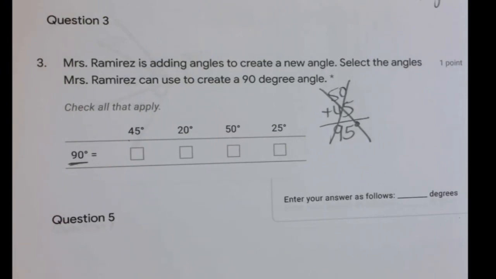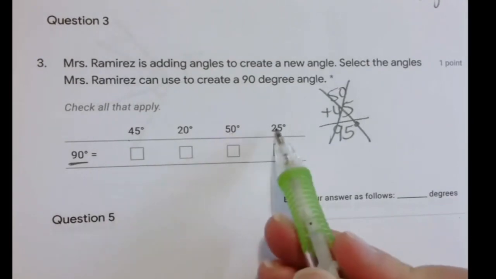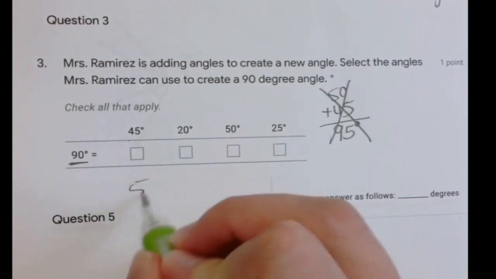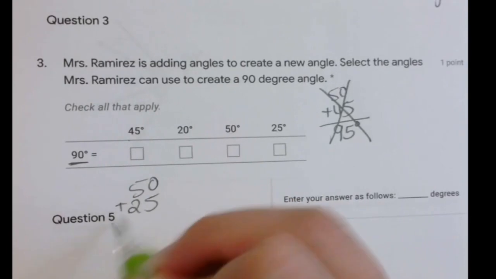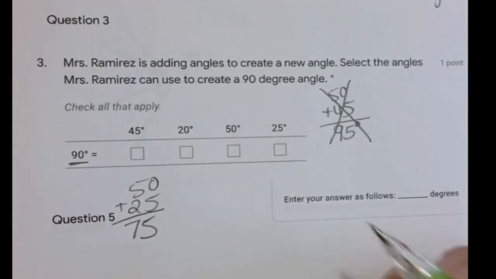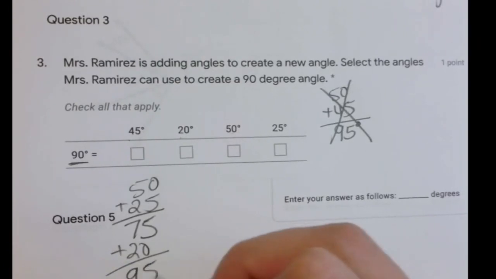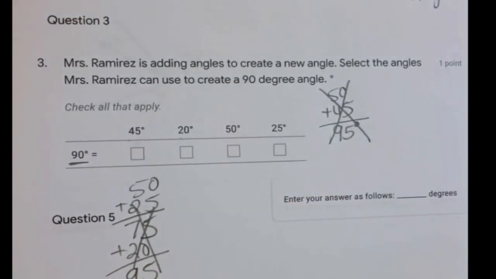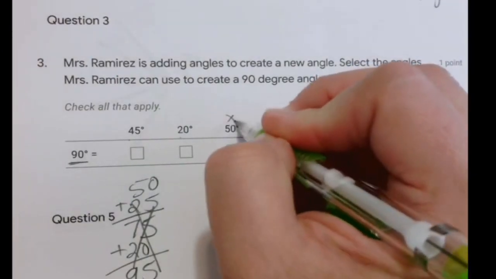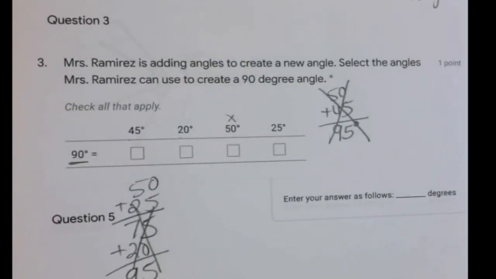What if I did 50 plus 25? That gives me 75. It's too small. Plus 20 maybe? What do I get there? 95. That's too high. So I'm thinking 50 is probably not going to be used. So I'm going to put a little X above 50 because I think I've eliminated that one.